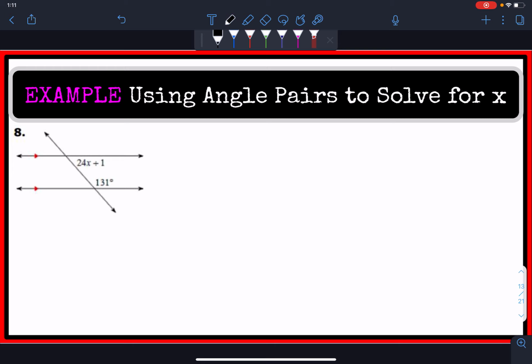So adding these two: let me write the top one first, 24x plus 1, and adding it with 131, that's going to equal 180 degrees. Let me simplify this part right here.